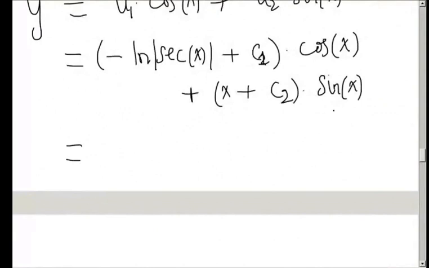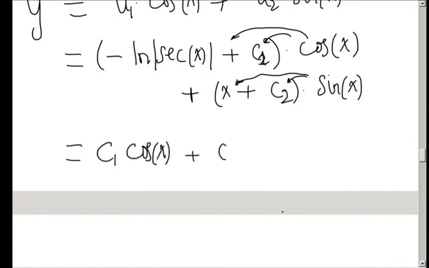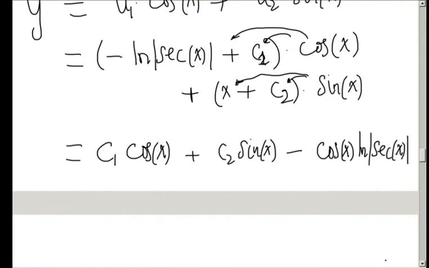Now let's distribute it. We want to rewrite the solution in the correct format, c1 y1 plus c2 y2 plus capital Y. So let's distribute and rewrite in that order. So we will have c1 cosine x plus c2 sin x. And what is left would be minus, we distribute this cosine in, cosine x times natural log of absolute value of secant x, and then I also have x sin x there.